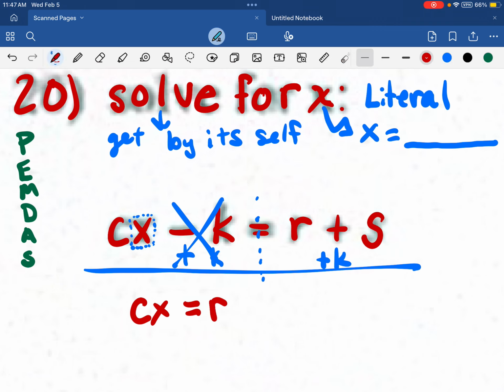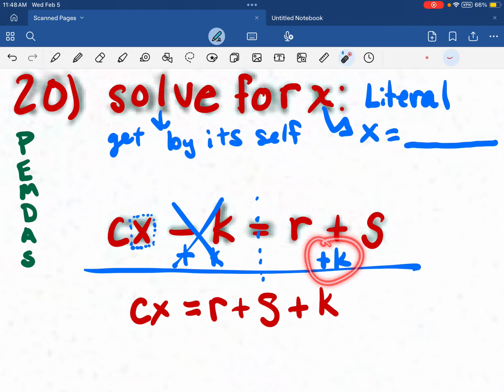So I'm going to write R, right? Plus S, just grabbing that from there, plus K. Ta-da! Okay, I'm going to write R plus S plus K. All the stuff I had here, I just wrote it all side by side.